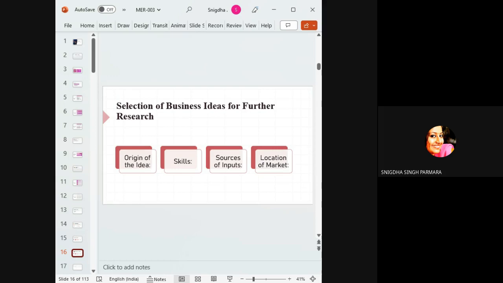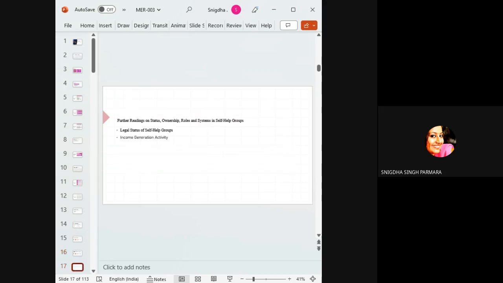Location of market: women should find it easier to sell directly, without having to spend time or money to travel long distances. So the location of markets should be such that it is accessible to them.